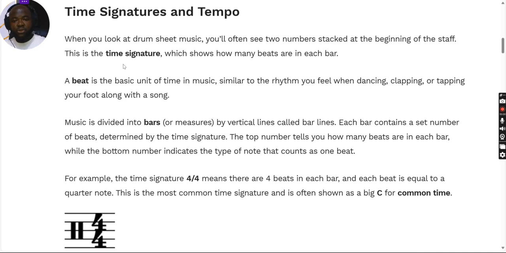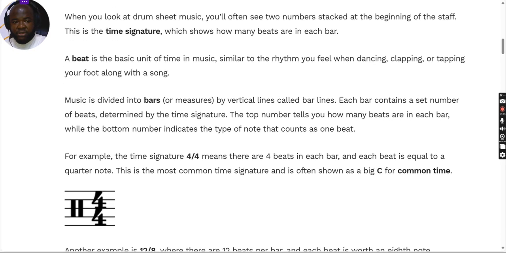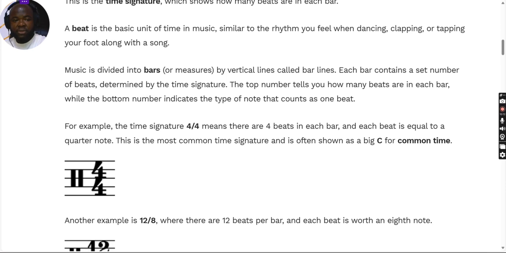Those two stacked numbers are referred to as the time signature. They show how many beats are in a bar, so you get to understand what a bar means. A time signature will tell you the type of beat and the number of beats.